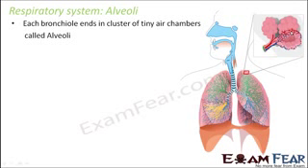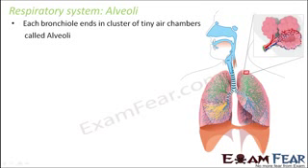And this is the reason why they help in exchange of gases. Now we will see how it helps in exchange of gases. But for now, try to understand the structure, because if you are clear with the structure, it will be easy to understand how the process takes place. Okay, so each of these bronchioles will end up in balloon-like, swollen structures, and they are called alveoli.